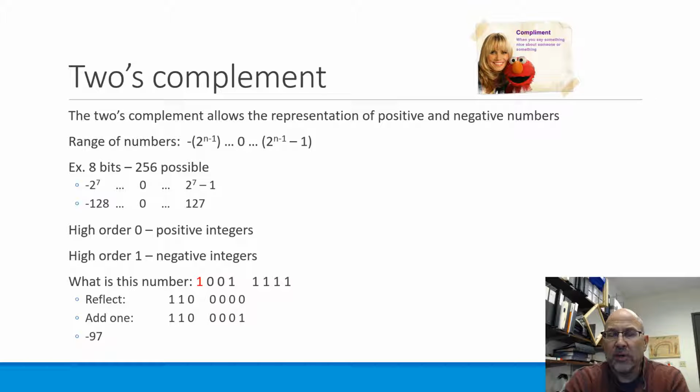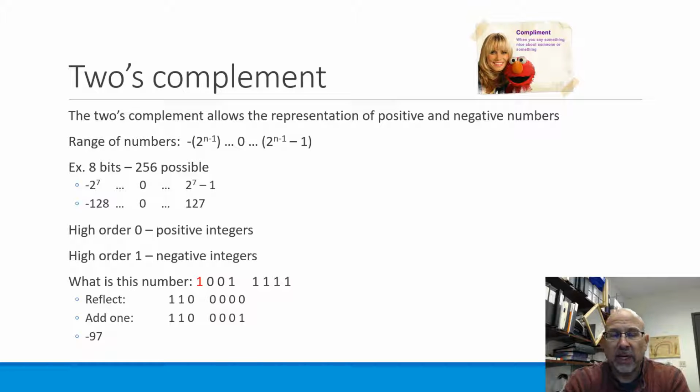When we first start thinking about positive and negative numbers, if I gave you 8 bits, you know that is a range of 256 possible values from 0 to 255. If we said they were all positive, the entire set of 8 bits would be used for magnitude.